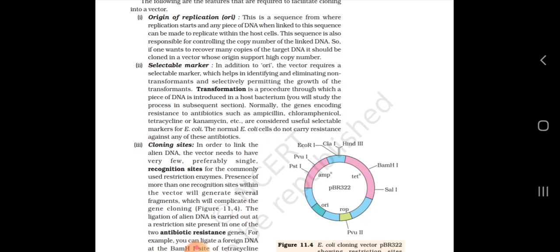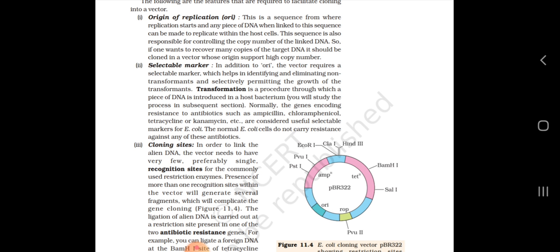The second part is a selectable marker. Now, what is the need of a marker? The need of the marker is to know whether the foreign DNA has been successfully inserted or not, whether it is working or not. That's why a marker is needed. It actually helps to select.